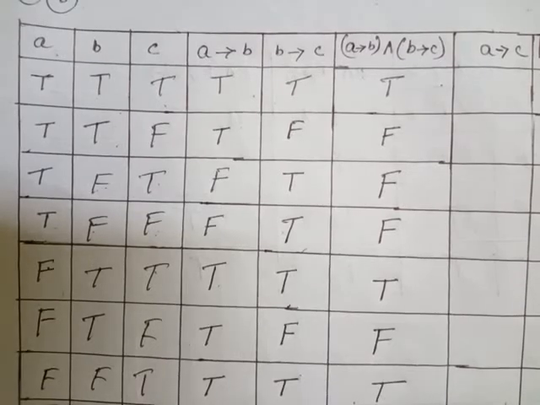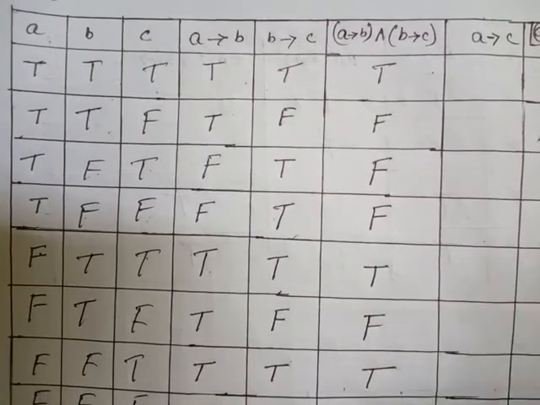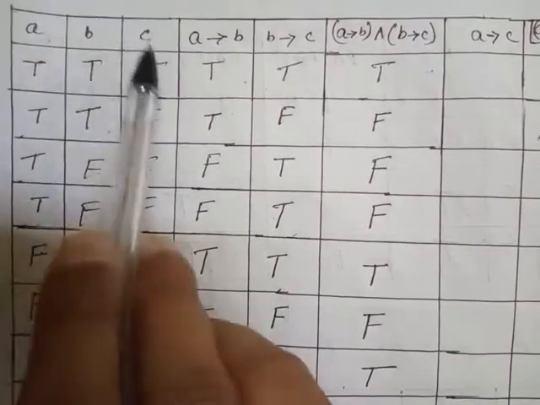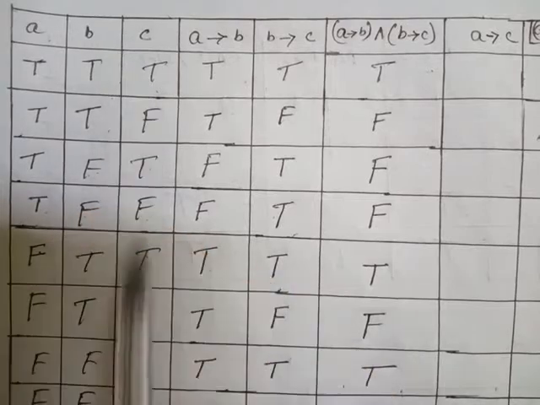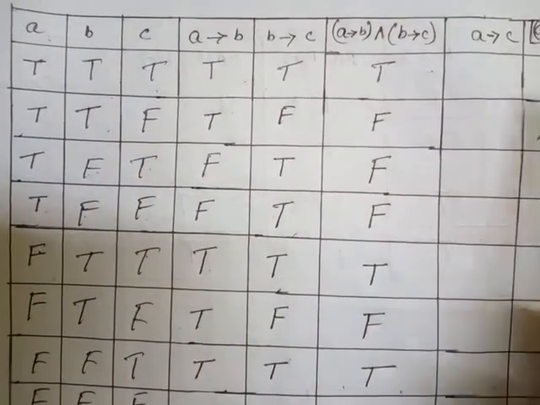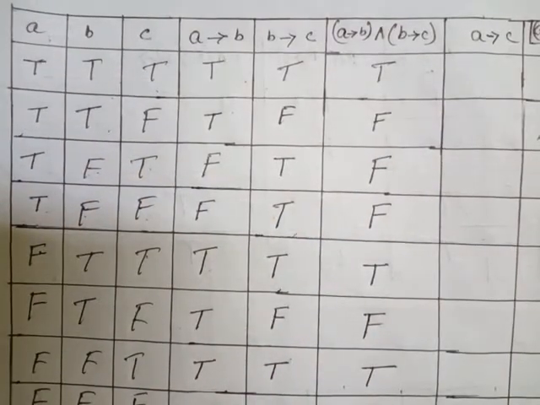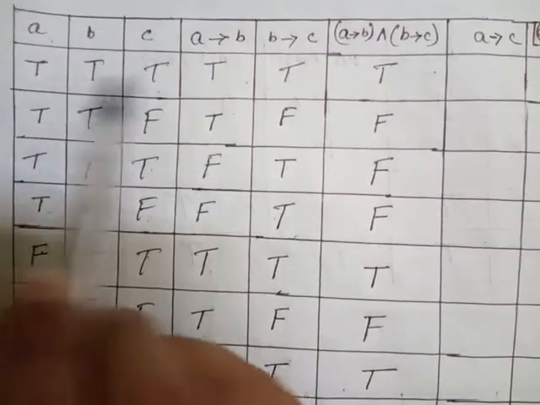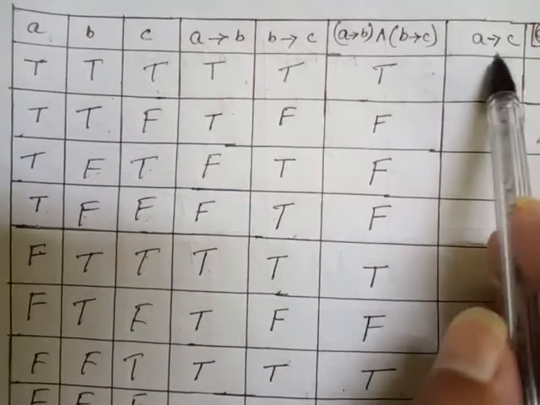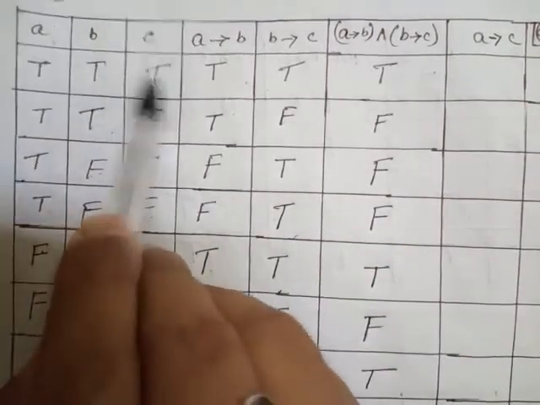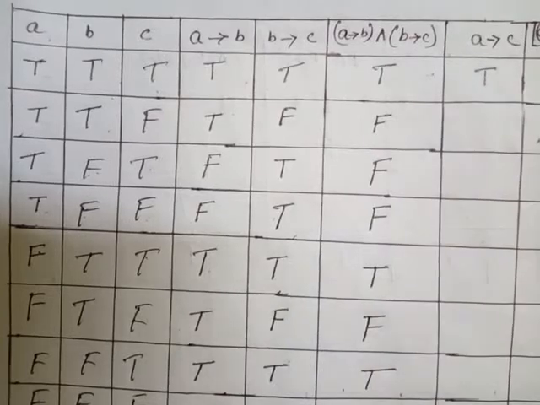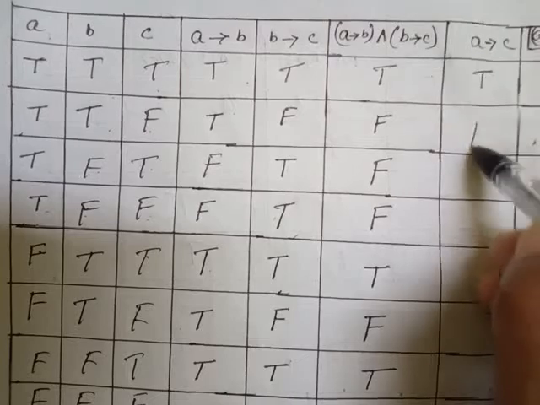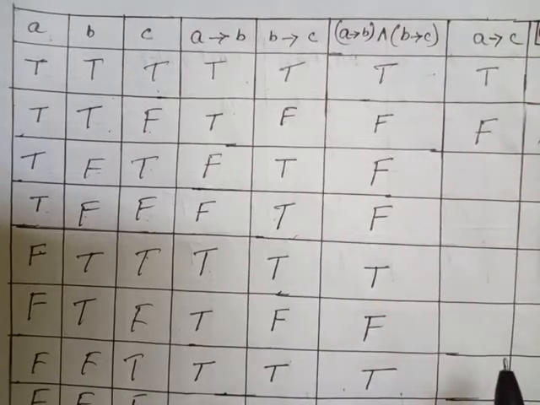Now look, after that student, we'll find out now A implication C. In a similar way, between A and C, if we want to find out this row and this row, A and C will definitely follow the implication rule, meaning the formula of the implication only. Look student, between A and C we'll find out the implication here. So true and true will be true here in implication. Now true and false means false in implication.